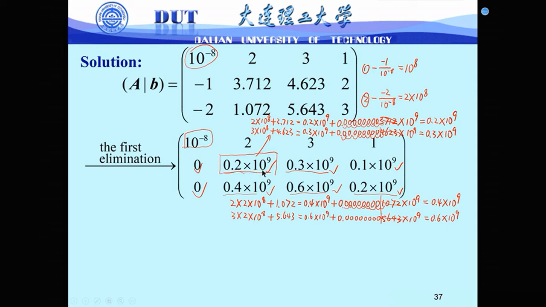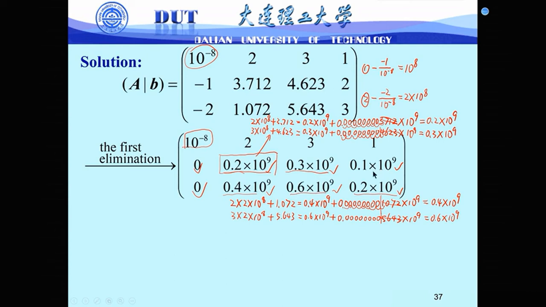Let's see the relation between these 3 numbers and these 3 numbers. 0.2, 0.4, 10 to 9, 10 to 9. So this number is twice this number. Clear? Let's check these 2 numbers: 0.3 multiplied by 10 to 9, 0.6 multiplied by 10 to 9, also twice.